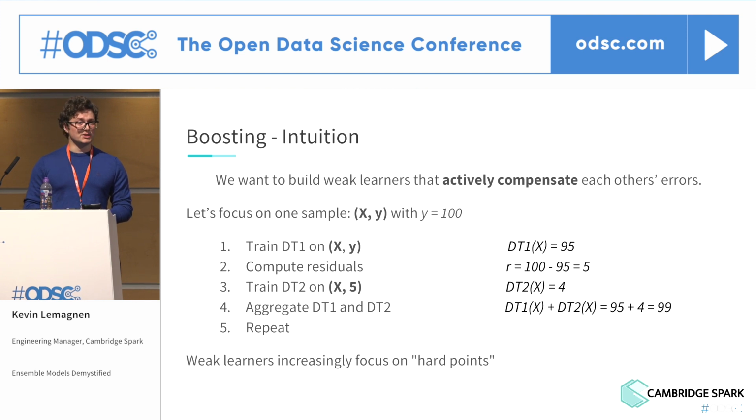And for those points, the residuals will be either really high if we've underpredicted, or really negative if we've overpredicted. So that's what your second and your sequential decision trees will try to compensate for.